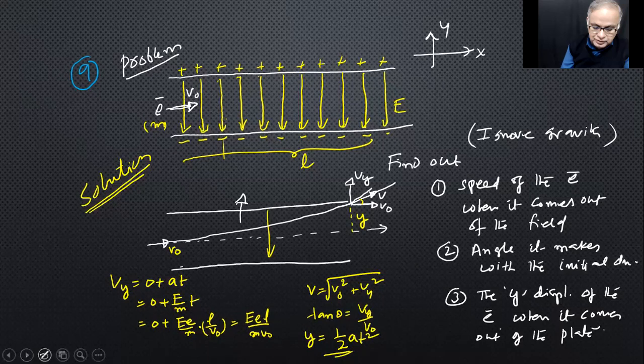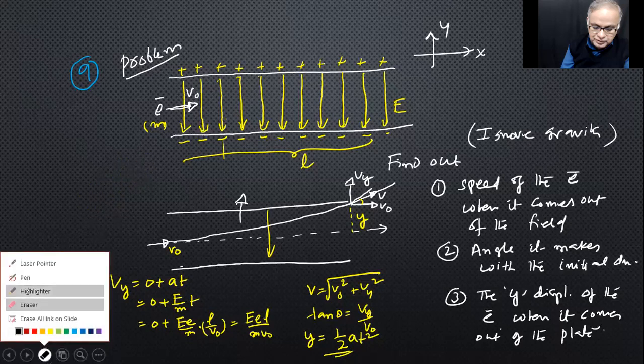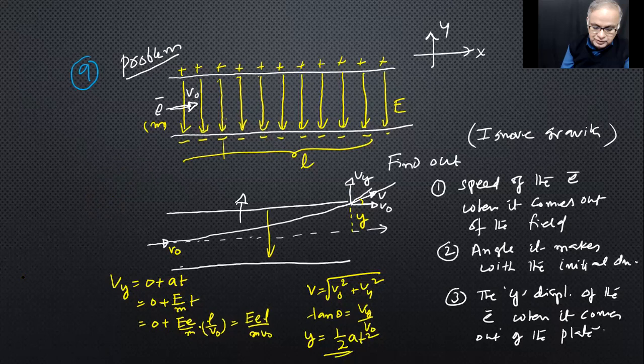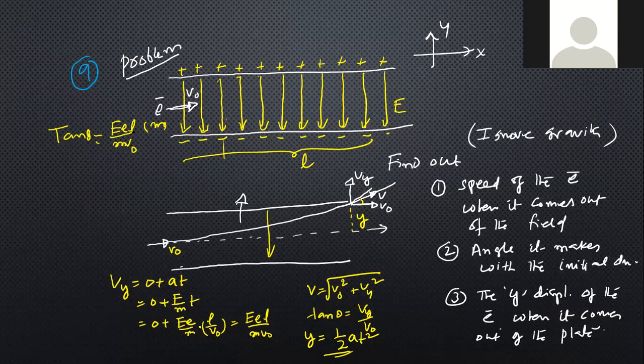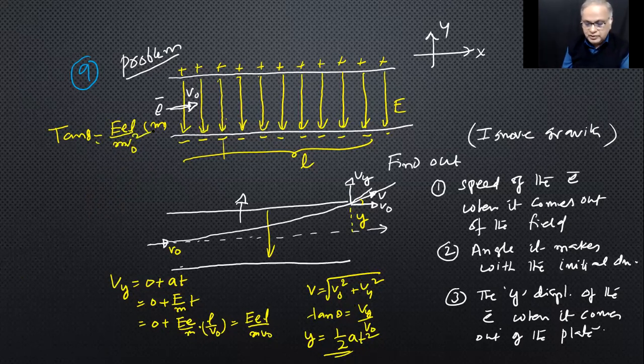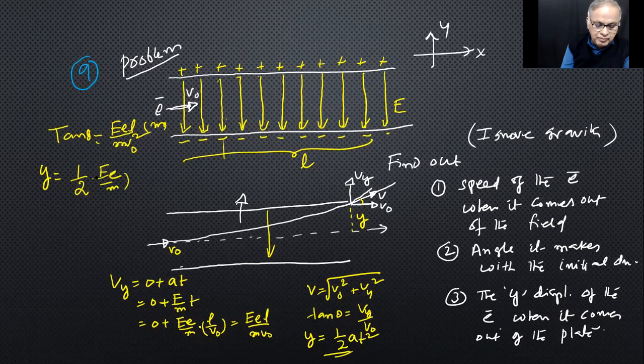Then the second thing is the angle it makes. Tan theta we have already written down: tan theta is Vy by V naught, which is E q L by m V naught square. Then the third one, y equals half a t square, which is half E q by m into L square by V naught square.